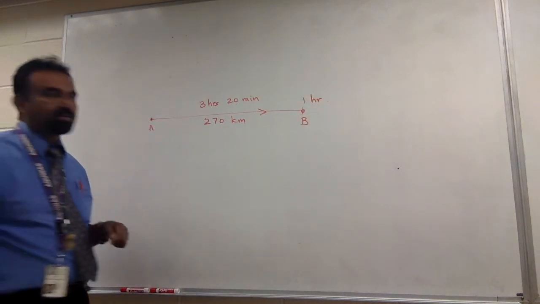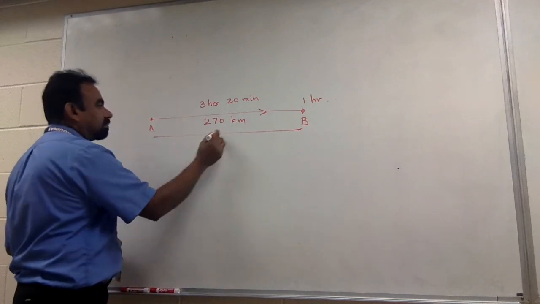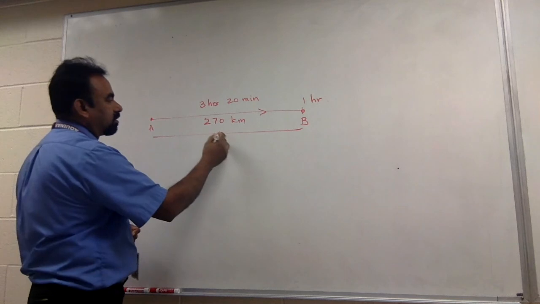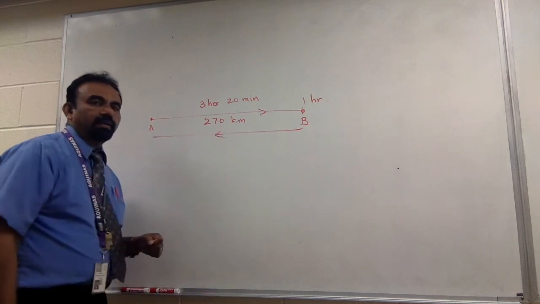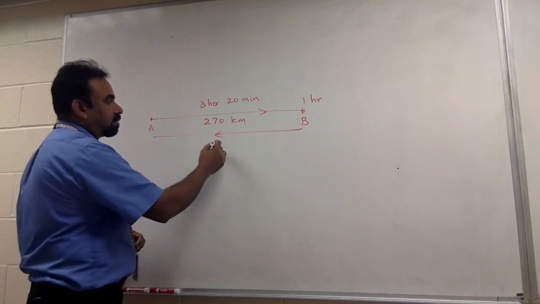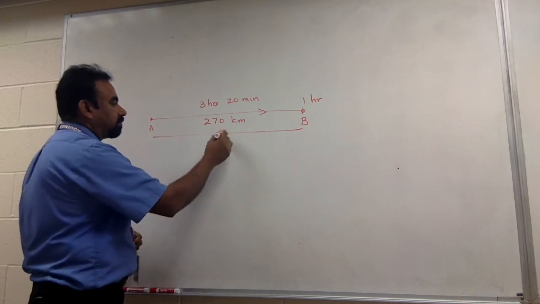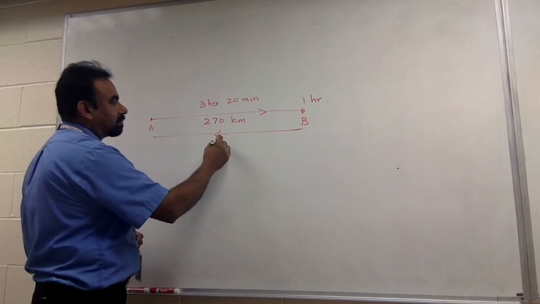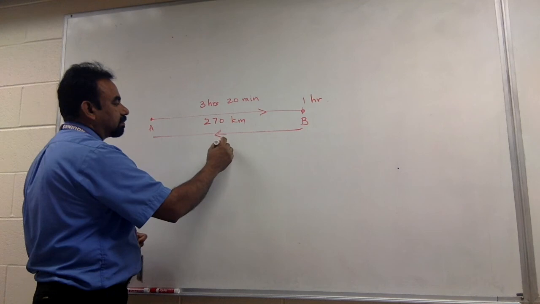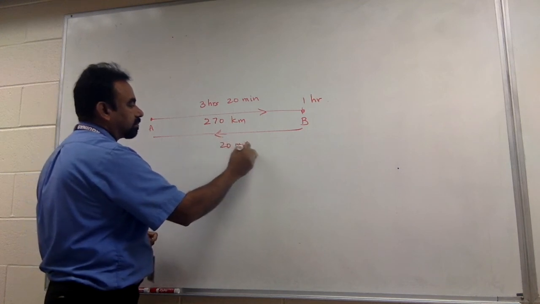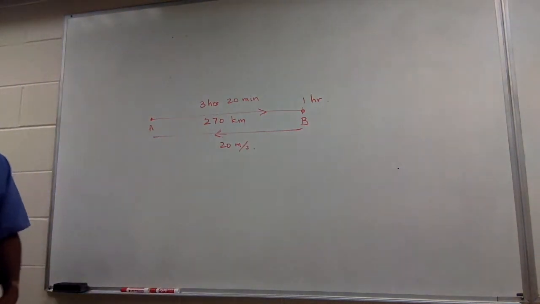And then you returned back to city A at an average speed of 20 meters per second.